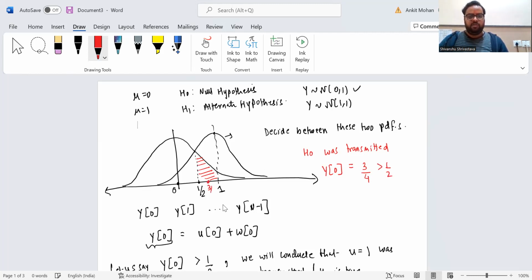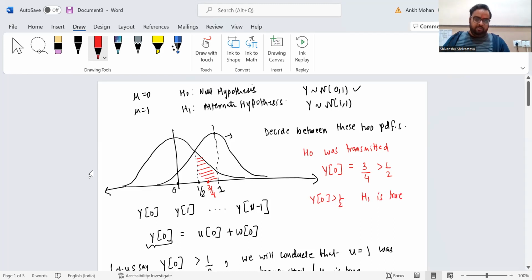I'm having this y0 as 3 by 4, which is greater than 1 by 2. So what will I be deciding? Since y0 is greater than 1 by 2, I will decide H1, whereas in actuality, H0 was transmitted.